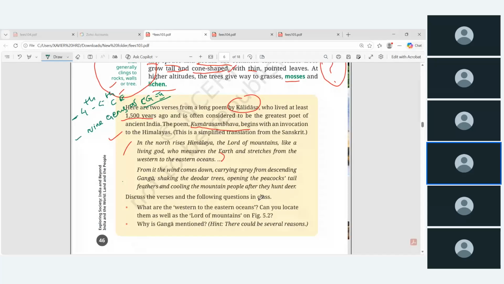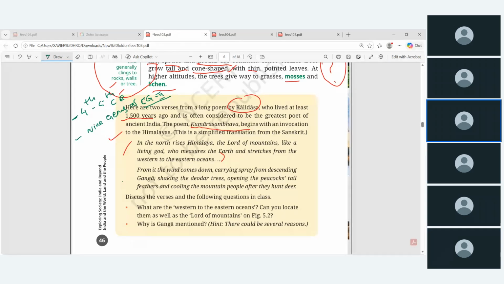Now screen, is it visible? Is the screen visible now? Yes, sir. Visible, sir. Okay, ma'am.